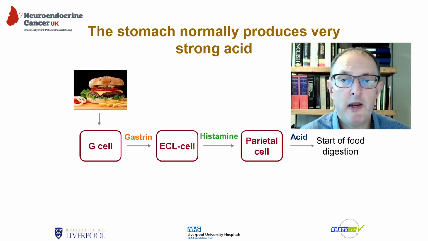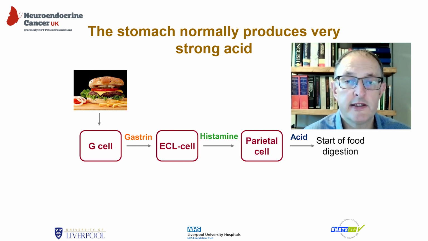In order to explain how gastric neuroendocrine tumours develop, I first need to explain a little bit about gastric physiology. One of the main functions of the stomach is to produce acid. And this acid is one of the things that starts to digest the food that you've eaten. After you've eaten a meal in a normal healthy individual, cells in the stomach called G cells produce a hormone called gastrin. And this is important in the development of most gastric neuroendocrine tumours.